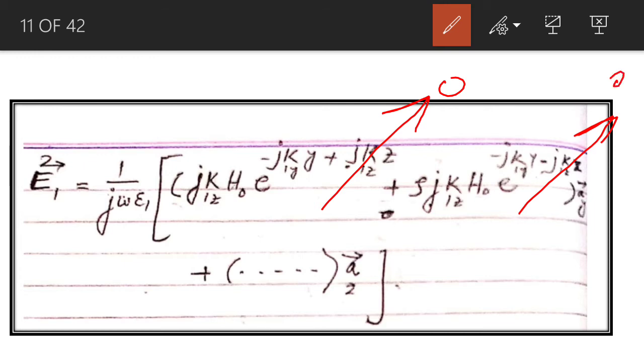You can take H naught into e raised to power minus jk1yy, which is a common quantity.